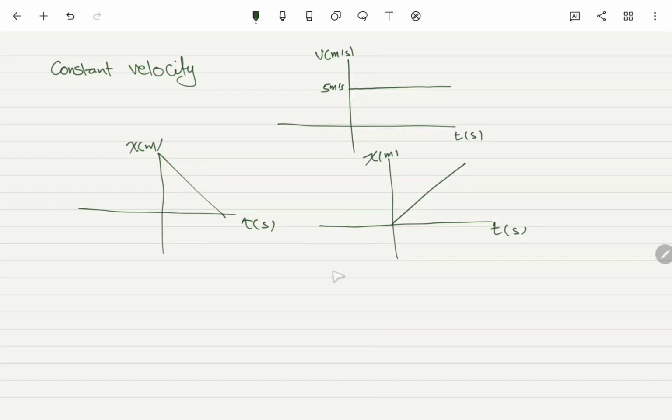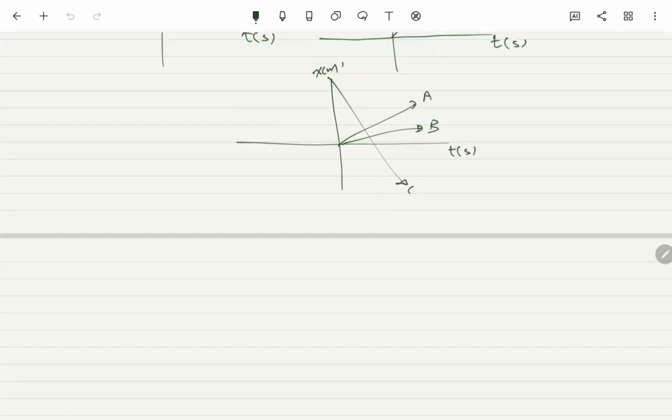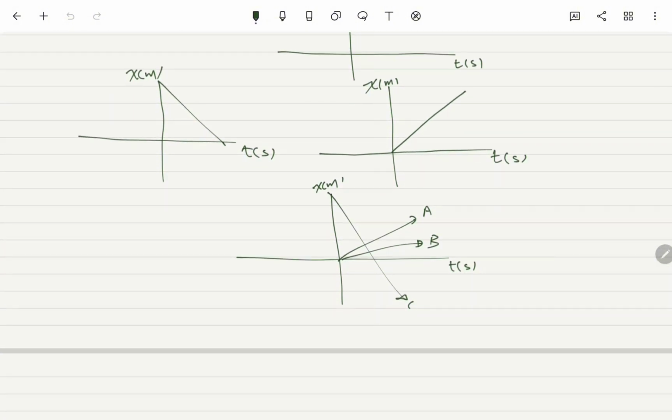Take this example. If we have these three situations, A, B, and C, in x meters and t in seconds, which one of these three objects is the fastest?